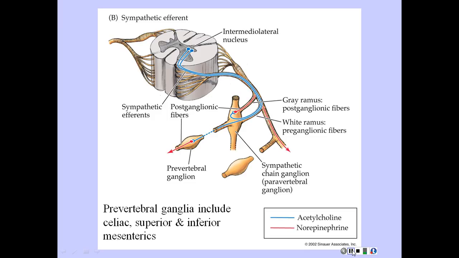And as it sends its axons out, it grows back into the gray ramus. Gray because these axons are unmyelinated. And out they go. So this is really where myelination is somewhat important, right? It gives you this idea of the entry and the exit through the sympathetic chain. So, option one is this.